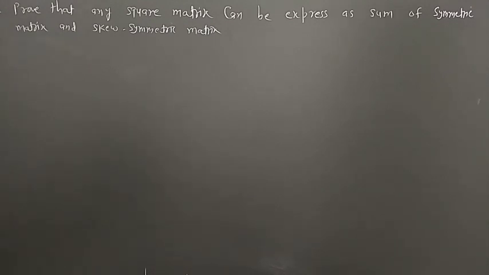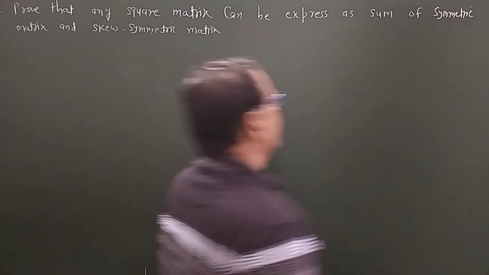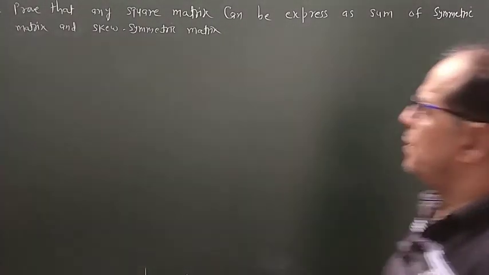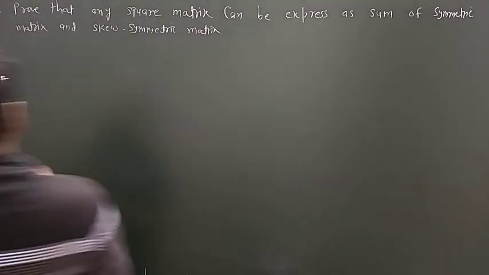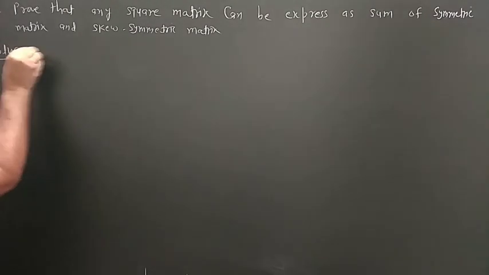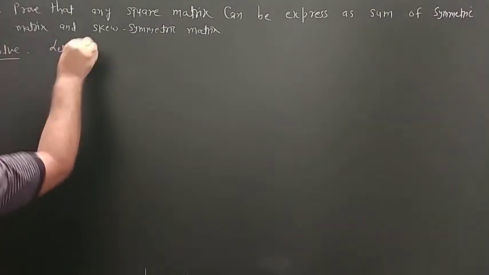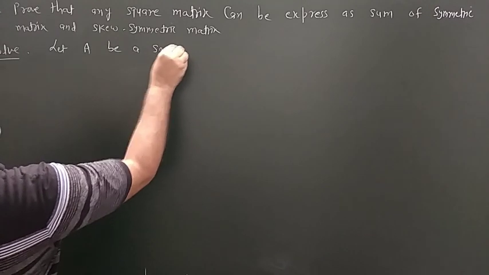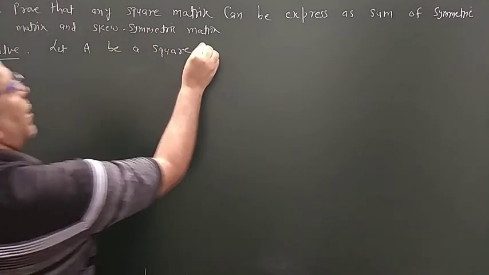Now I am taking one more problem. Prove that any square matrix can be expressed as the sum of a symmetric matrix and a skew symmetric matrix. So we start. Let A be a square matrix.